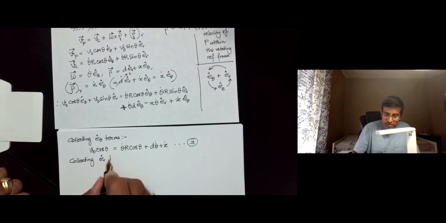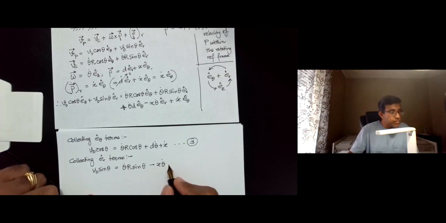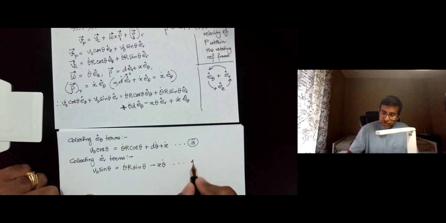And collecting ER terms, we have V0 sine theta is equal to theta dot capital R sine theta minus x theta dot. So that becomes equation 4.